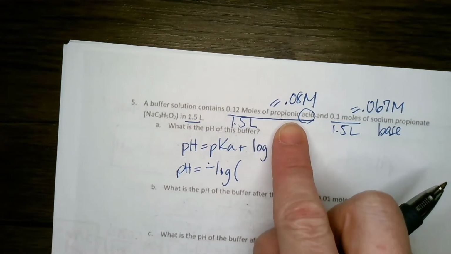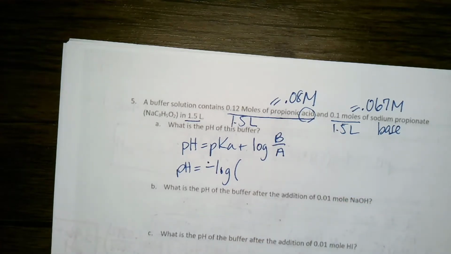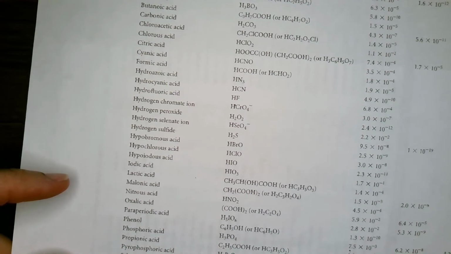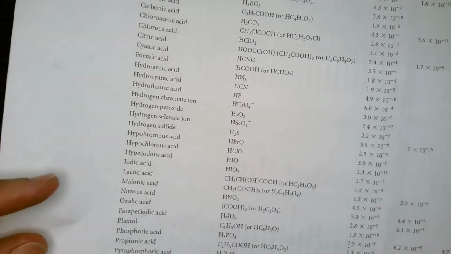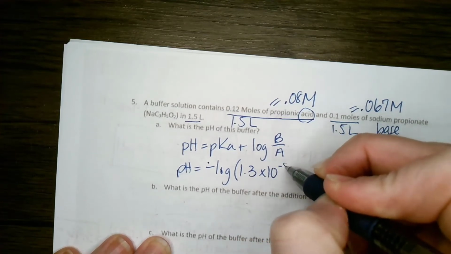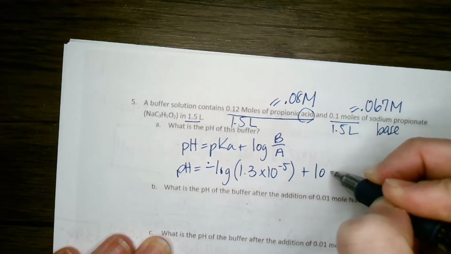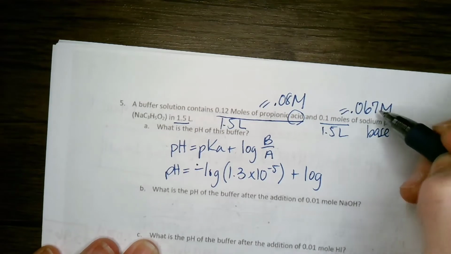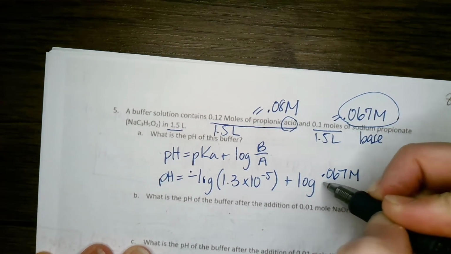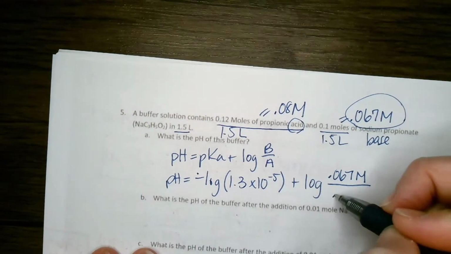We need to look up propionic acid here real quick. Propionic acid Ka is 1.3 times 10 to the negative 5, plus the log of our base, which we said was 0.067, and our acid we found was 0.08.